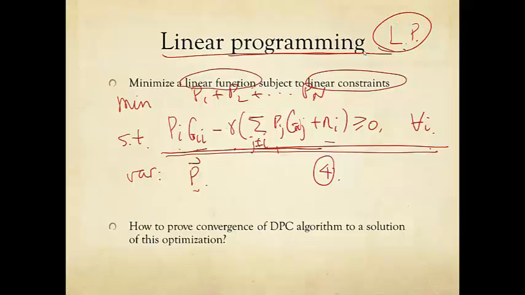In the advanced material part of the lecture, section 1.4 of chapter 1 in the textbook, we will see the proof of convergence of the DPC algorithm to an optimizer of this problem. In other words, the DPC algorithm is actually a distributed solution method to solve this specific linear programming problem in the physical context of a wireless cellular network.